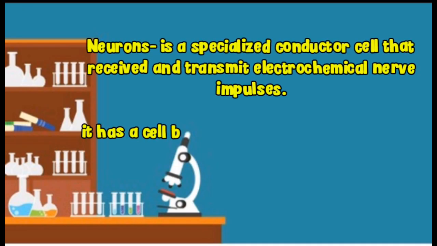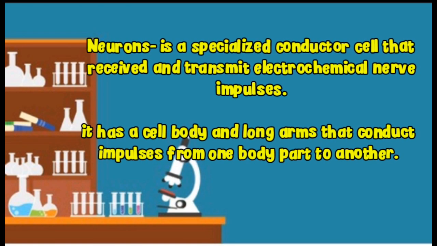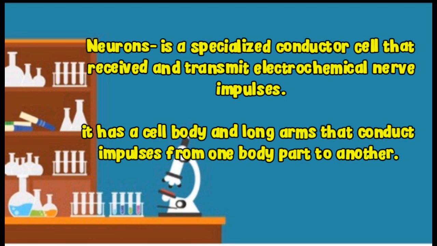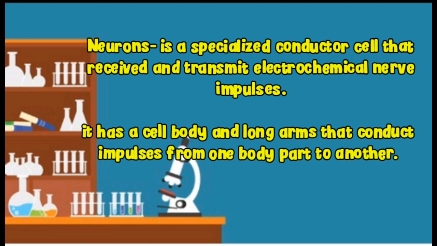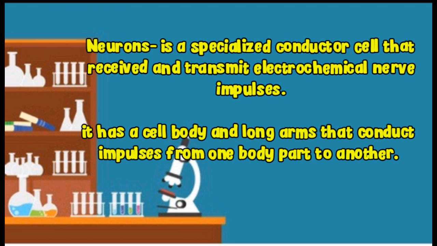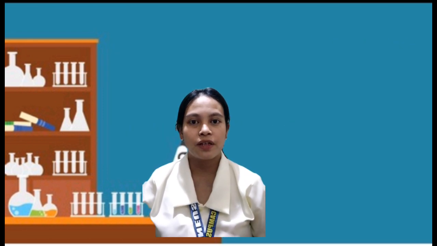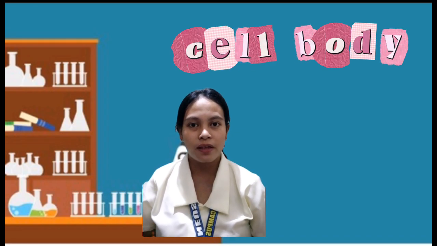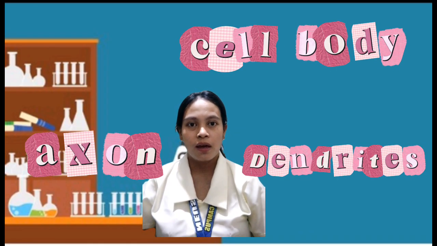A neuron is a specialized conductor cell that receives and transmits electrochemical nerve impulses, and it has a cell body and long arms that conduct impulses from one body part to another. There are three different parts of a neuron. We call them the cell body, dendrites, and axon.